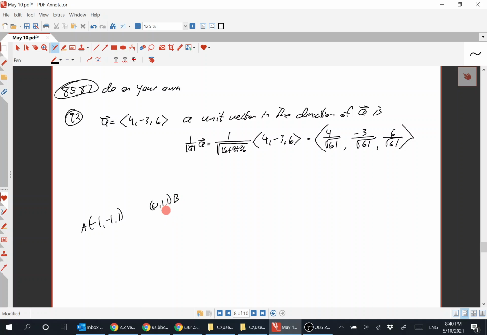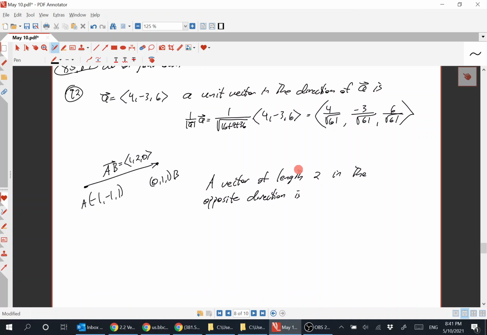So there's A and B. So the vector AB is head minus tail, (1, 2, 0). All right, so a vector of length 2 in the opposite direction. So the opposite direction means negative direction. Is as follows.